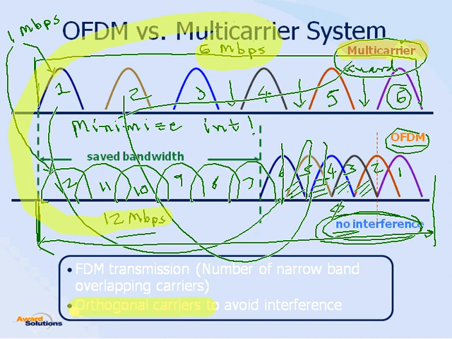Just like the Walsh codes in our regular 1x systems are orthogonal to one another, just like OVSF codes in UMTS are orthogonal to one another, the carriers in OFDM systems are orthogonal to one another. And as you know, whenever there is orthogonality, there is no interference.